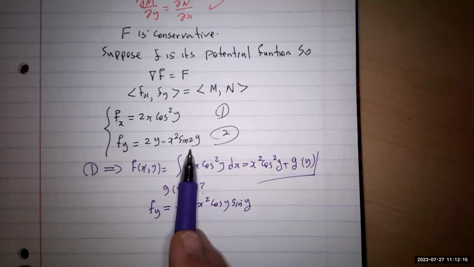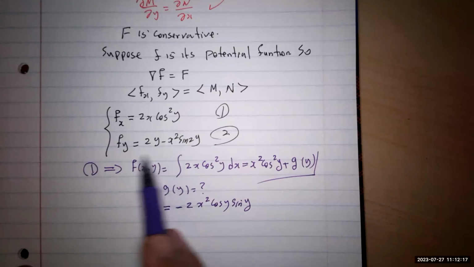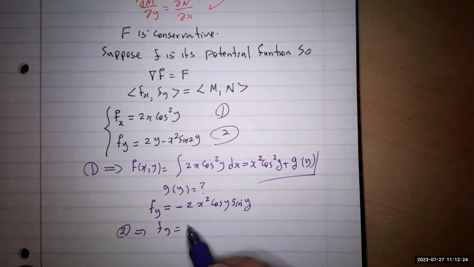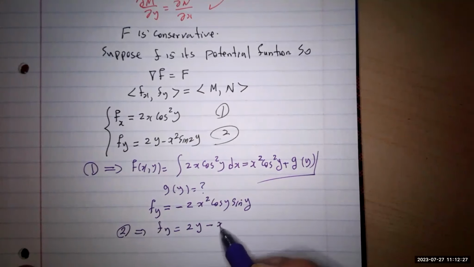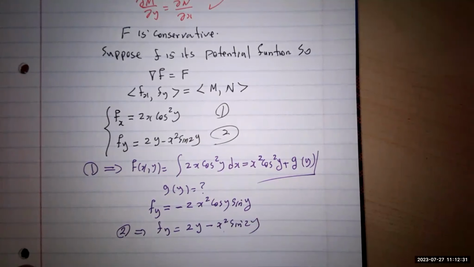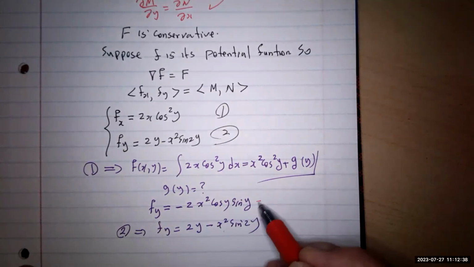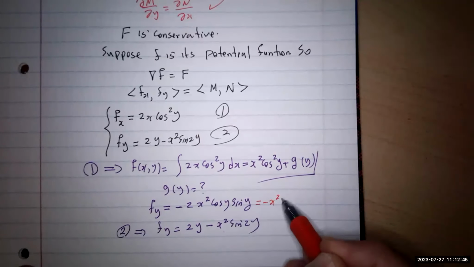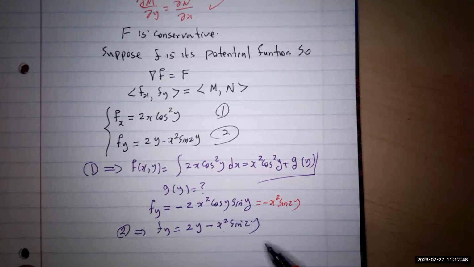If you compare these two together, we find that f sub y is going to be 2y minus x squared sine of the 2y. These are going to be the same, because 2 sine cosine would be the sine of the 2y. If you like, I can write it down here, that this is the same thing as I did on the top.